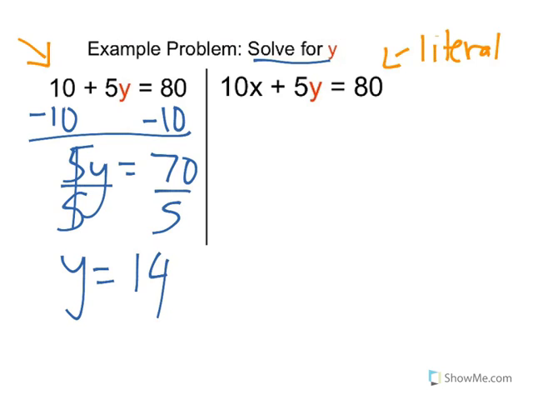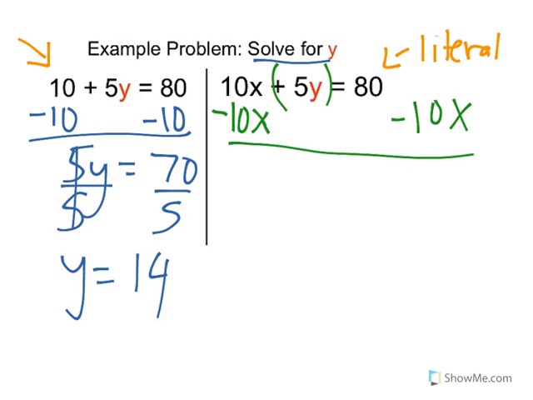Now we're going to look at the right side and follow those same steps. If I want to get the 5y by itself, then I need to move 10x to the other side. So I'm not just subtracting 10, I'm going to subtract 10x. And I'm going to write it over there, not underneath the 80, because they're not like terms.